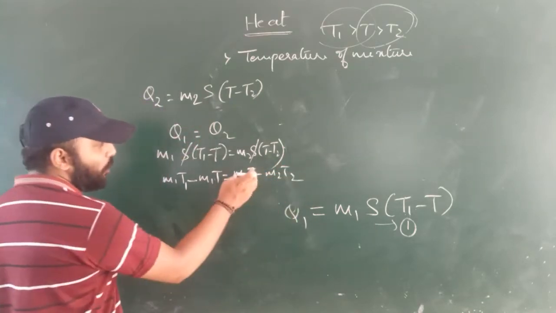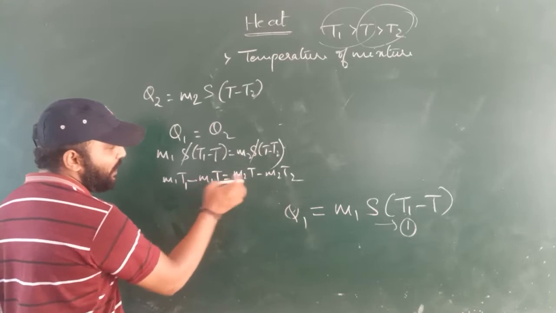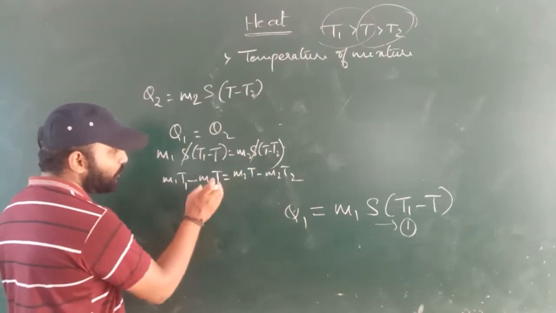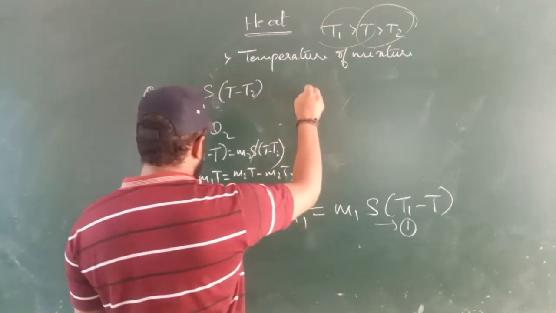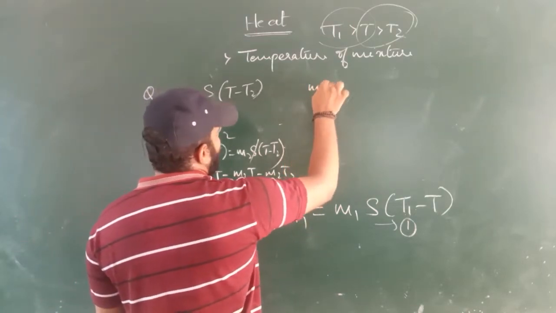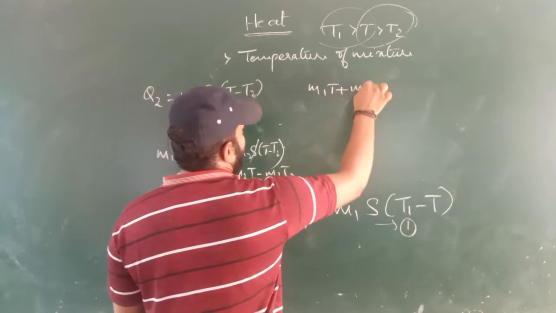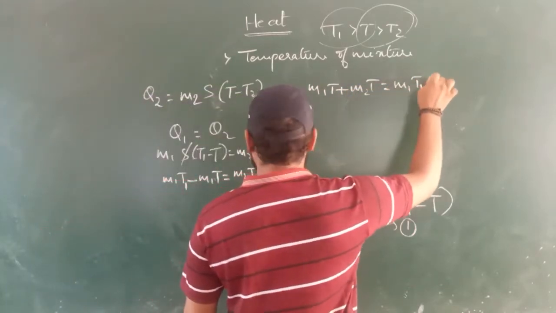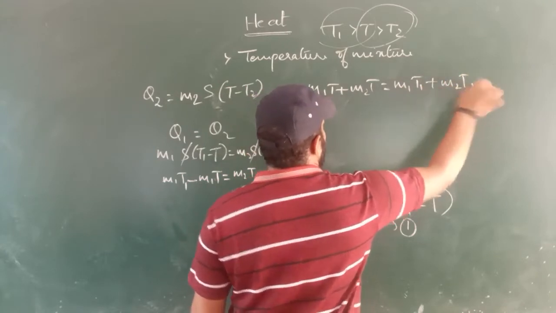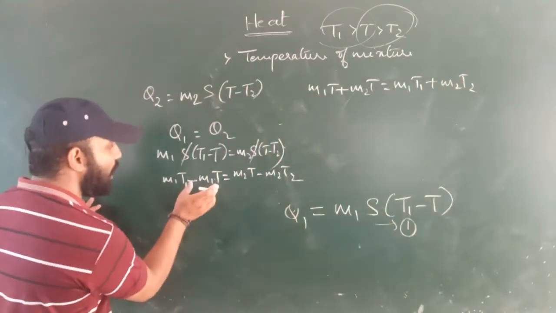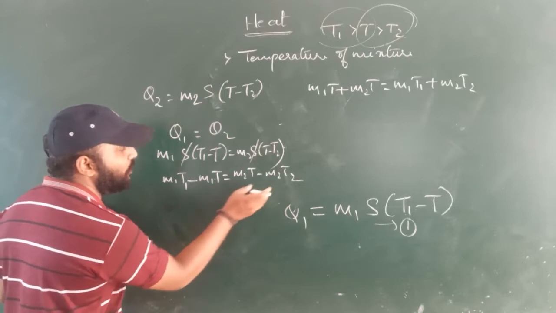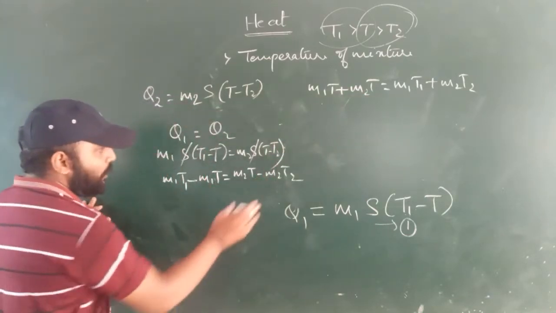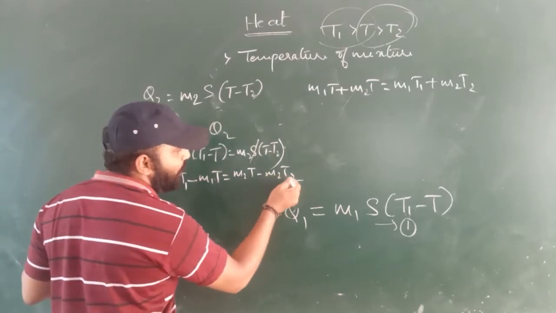Now I will bring all the T values to one side, and the other values to the other side. M1T plus M2T is equal to M1T1 plus M2T2. I have taken minus M1T1 to the right side, and minus M2T2 to the left side.